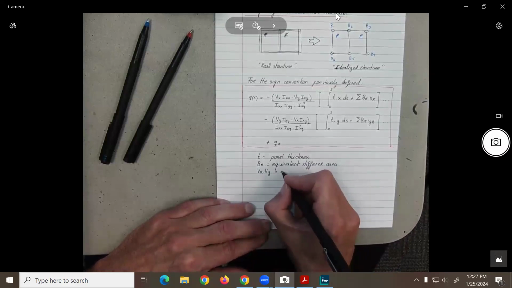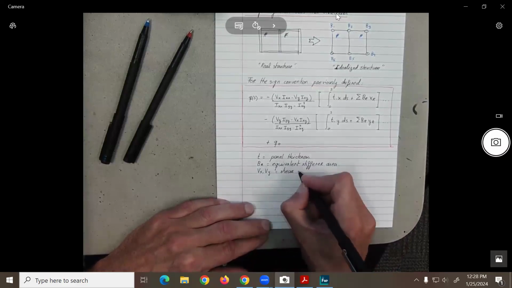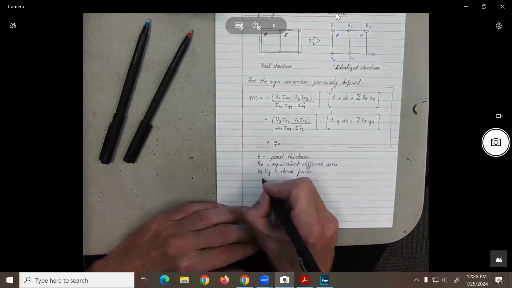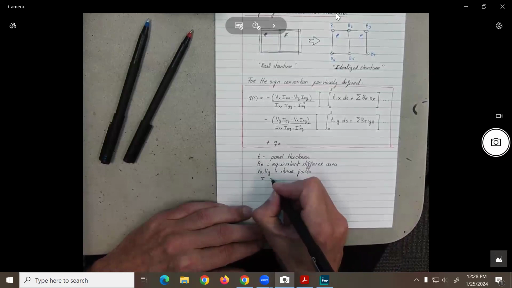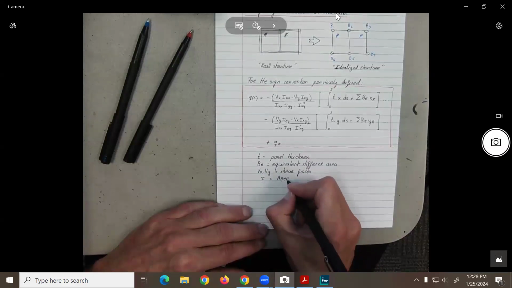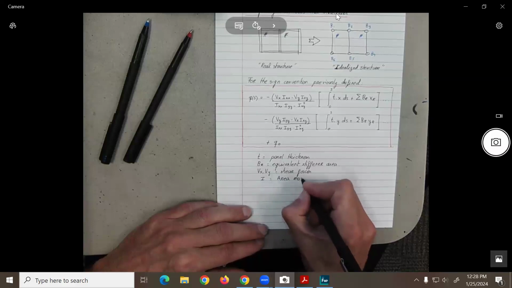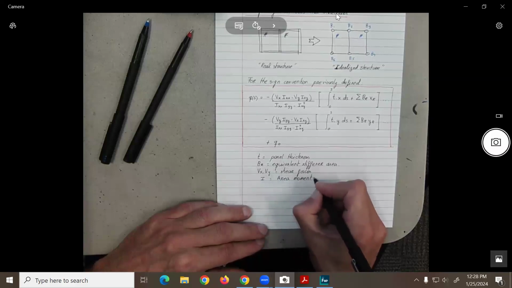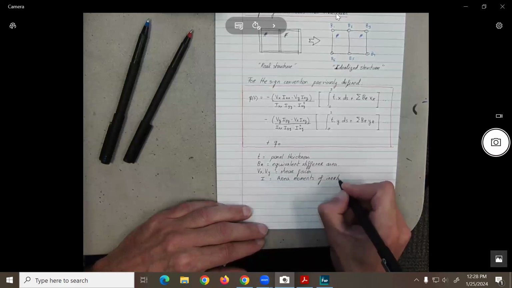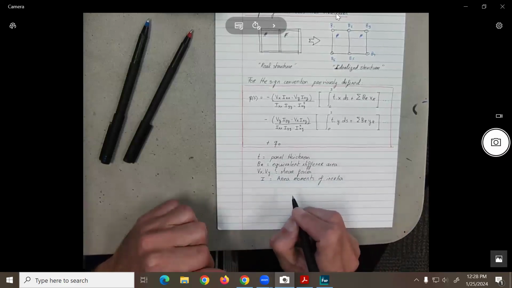Vx, Vy will be the shear forces. All the different I's will be the area moment of inertia.